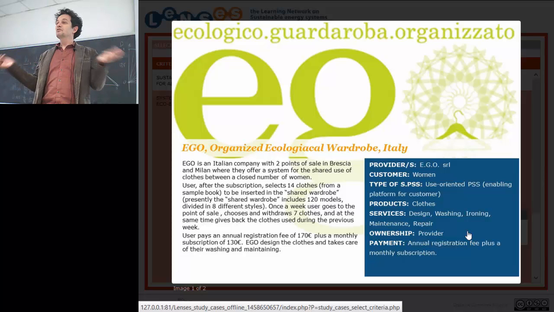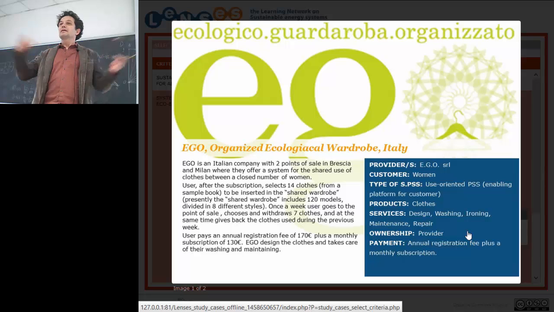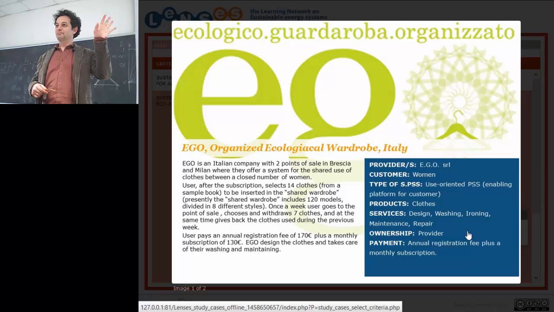you come to them, you pay a given amount of money per year and a given amount per month if you decide to subscribe for that month, and you get 14 clothes, which are part of a collection of almost 200 clothes you can select, but they are not really your own clothes.